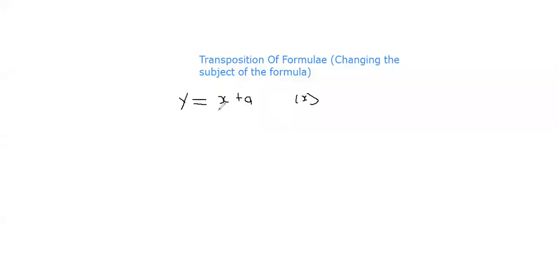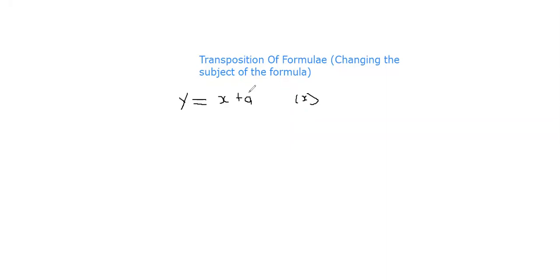So we know X is on the right hand side, and we have Y is equal to X plus A. In order for X to be by itself, we need to get rid of what? A. Good.